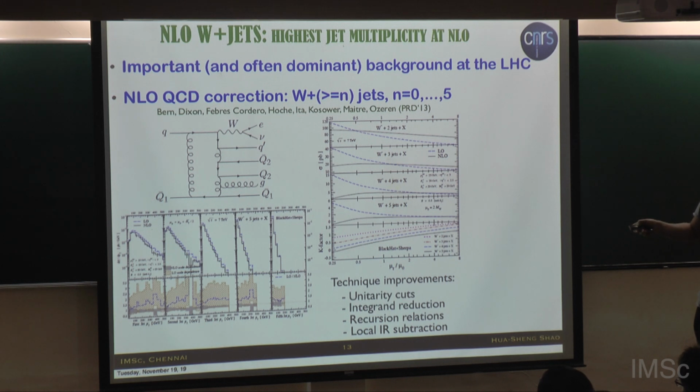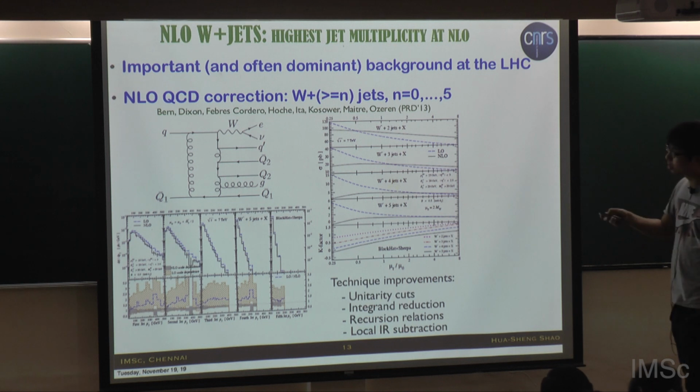So these diagrams, you see that this kind of thing is of course also very complicated. And there are many technology improvements like unitarity cuts and integrand reduction, Lagrangian relations, and infrared subtraction. All these kind of things help you to be able to calculate this kind of diagram.